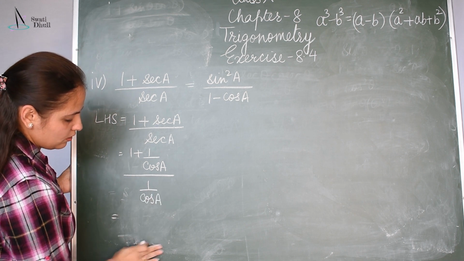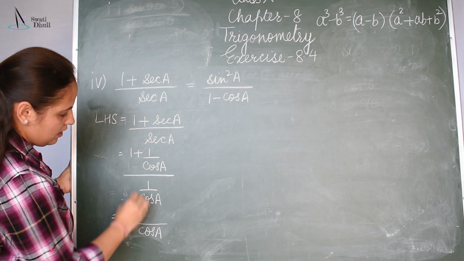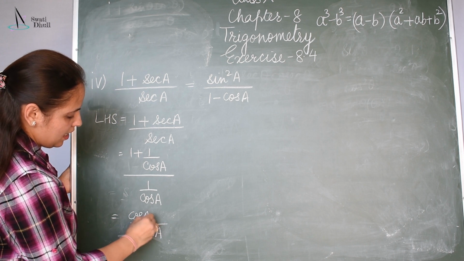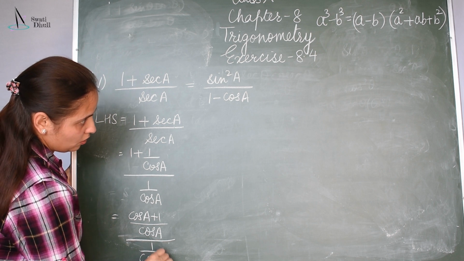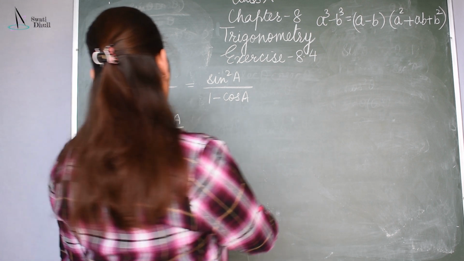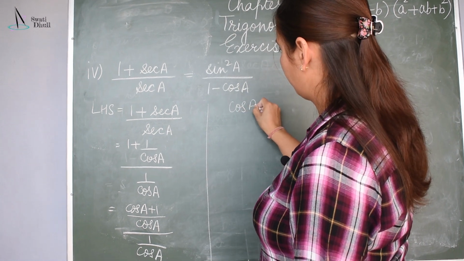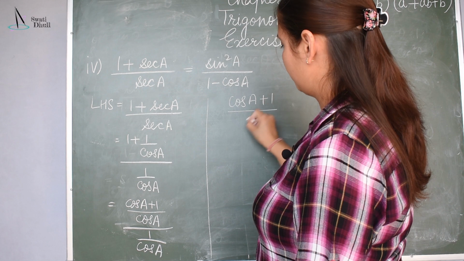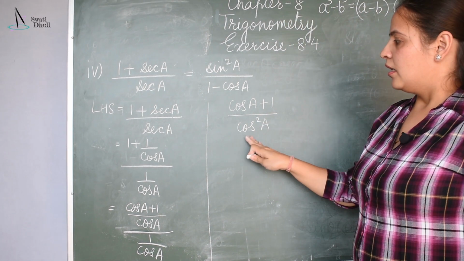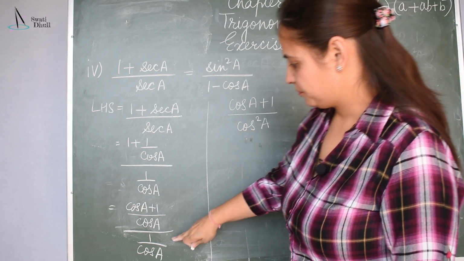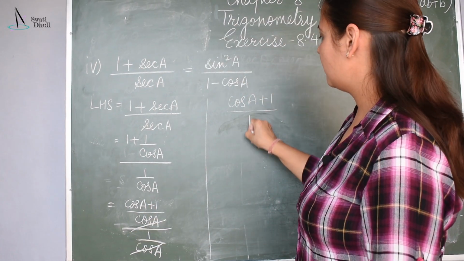Now what will I do? I will simplify by taking LCM: cos A plus 1 divided by cos A, divided by 1 by cos A. Now I have to simplify again. This will become cos A plus 1 divided by cos square A. Now see here, this cos and cos will be cancelled, so you will get 1 in the denominator.